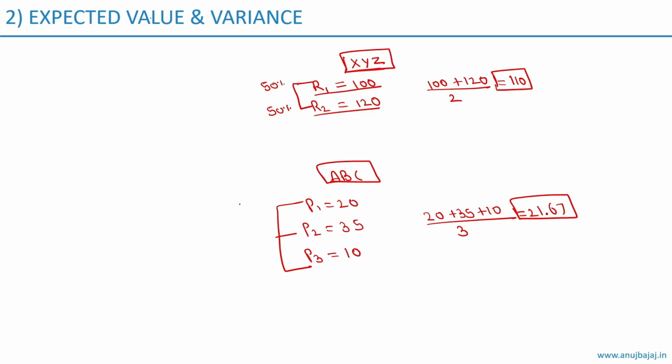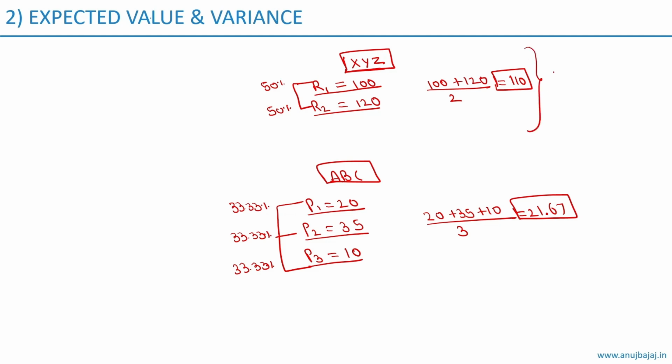So there is a 33.33% chance of the profit being $20 million, 33.33% chance of the profit being $35 million, 33.33% chance of the profit being $10 million. Let me prove it to you.